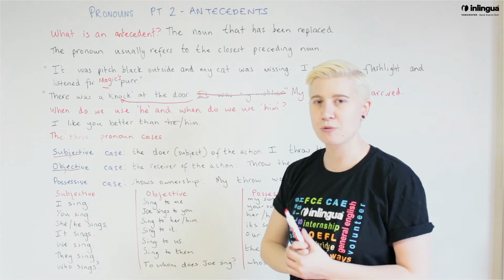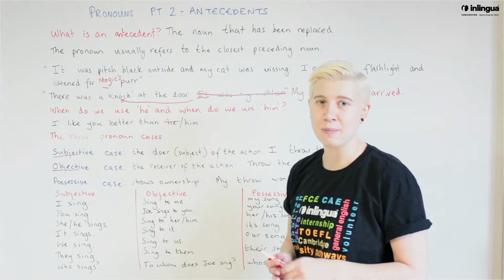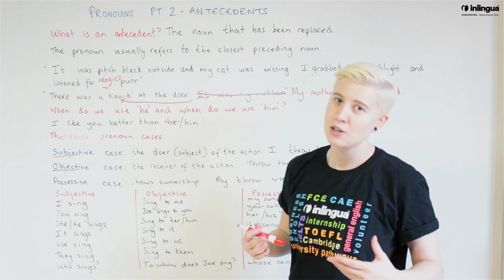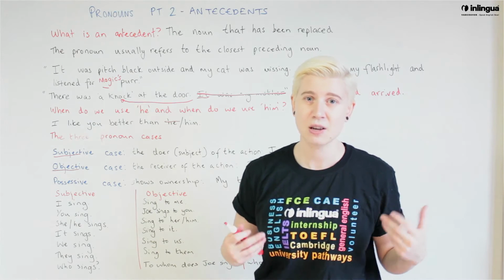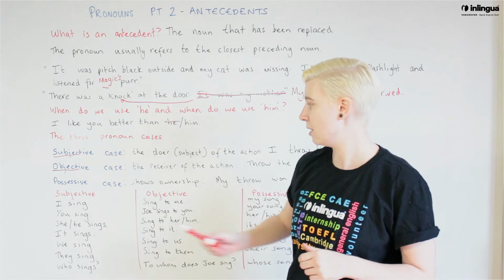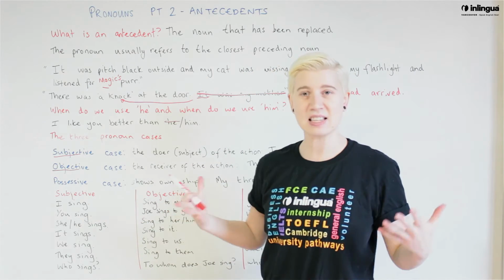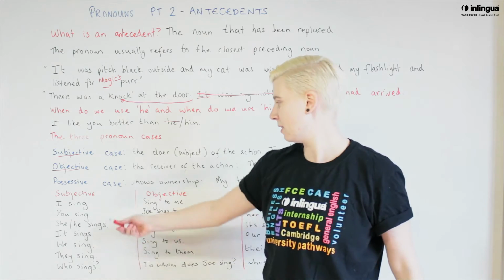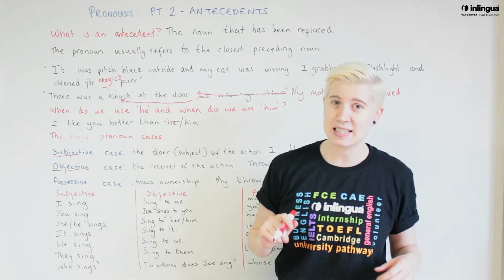So we're going to go through my table where I've written out for you an example little sentence or clause using the subjective, objective, or possessive pronoun case for each of our pronouns. So we're going to start with the subject doing the action. I sing, you sing, he or she sings, it sings, we sing, they sing.